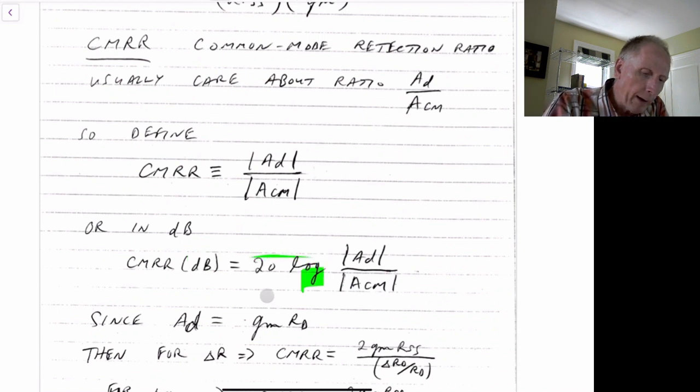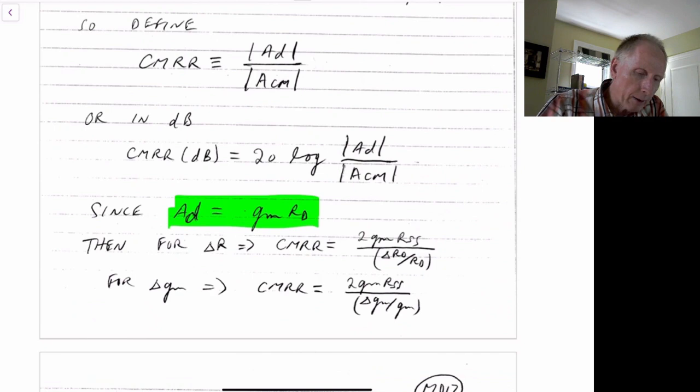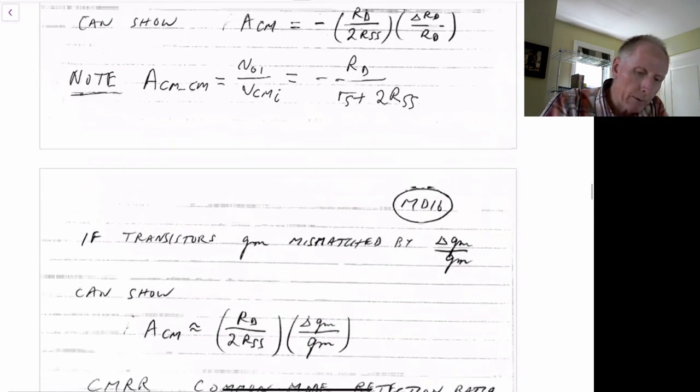We found from before that the differential gain was this value here. In the resistor case, our common mode gain was given by this value, shown here.